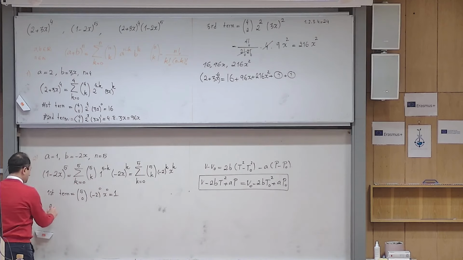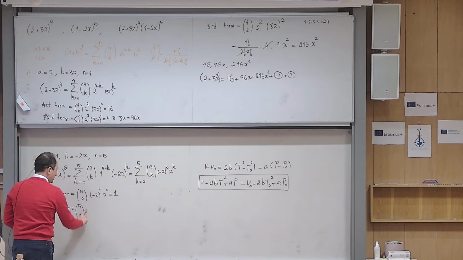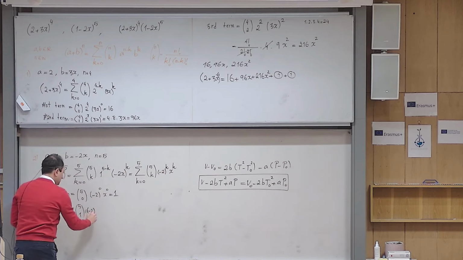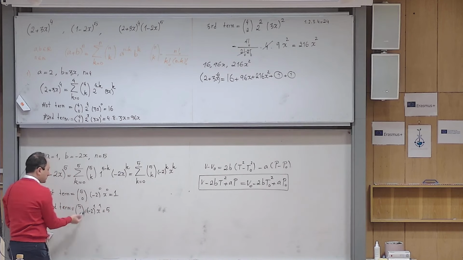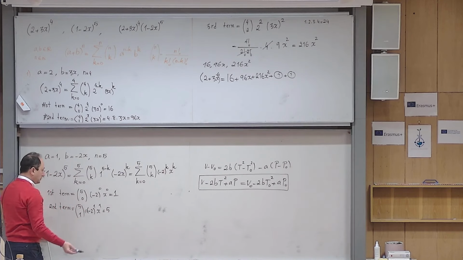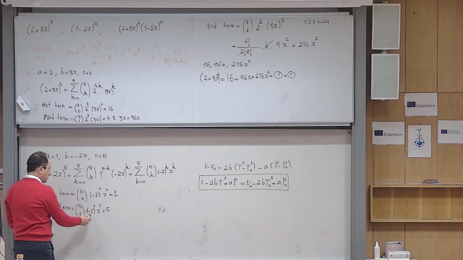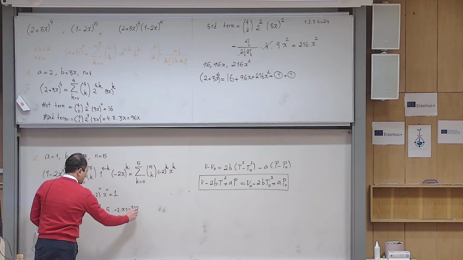The second term, when I say second term, I put k equal to 1, and then it is 5 choose 1 times minus 2 to the power 1, but x to the power 1 as well. But 5 choose 1 is 5. I have 5 students. I want to choose one of them. In how many ways can I do that? I can do it in 5 different ways. And then I have minus 2 and x. So it becomes minus 10x.